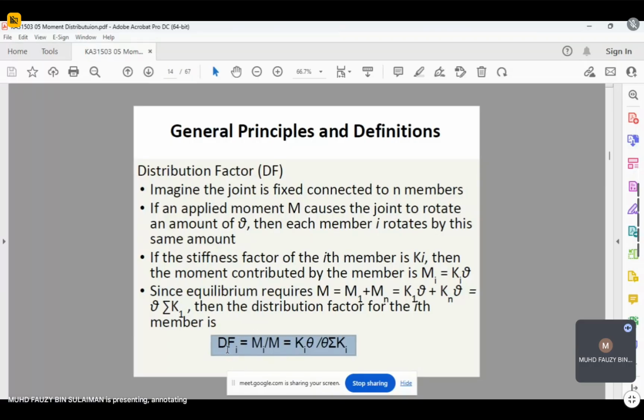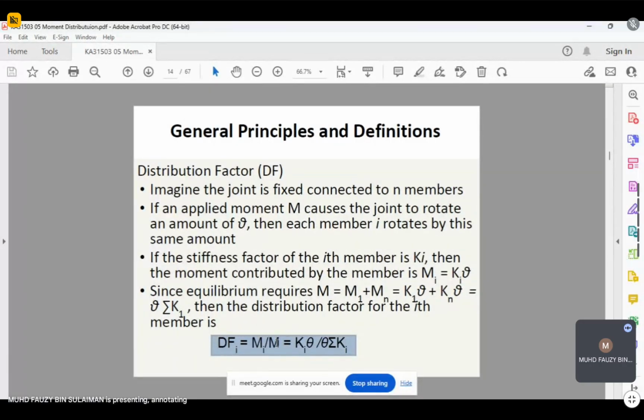So basically the distribution factor is equal to the moment over the total moment, where M is the total moment, or K times theta is equal to the summation of theta and KT. We will cover it in the tutorial soon, but this is the general formula given in your appendix in the final exam.